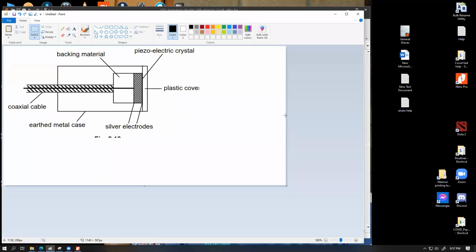Whenever compression comes and hits the piezoelectric crystal, for example, let's say, how am I going to draw compressions and rarefactions over here? Okay, let me just try. Let's say compressions, rarefactions. Okay, so let's say an ultrasound pulse is coming by.